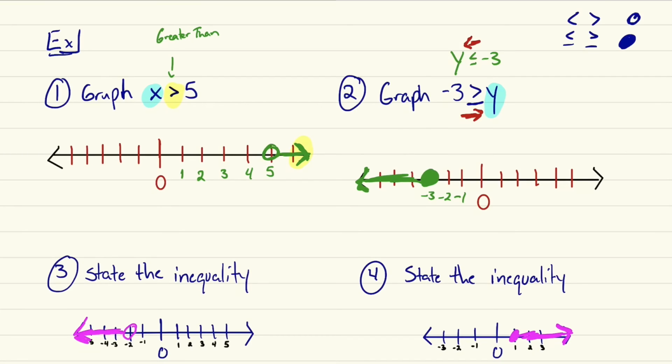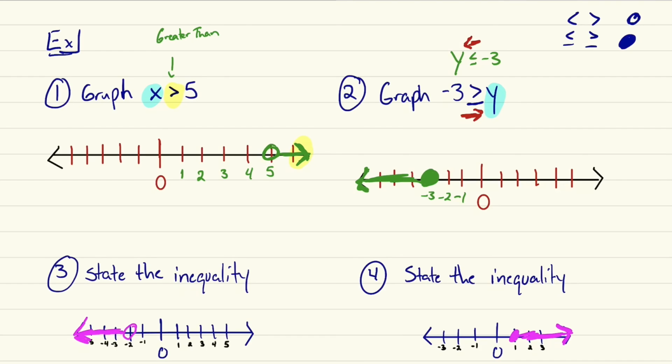And that's just a good rule of thumb to have whenever you are graphing inequalities on a number line. This will also come back in other parts of math, but just know that less than, greater than is always associated with open circles. Less than or equal to, greater than or equal to is always associated with closed circles.